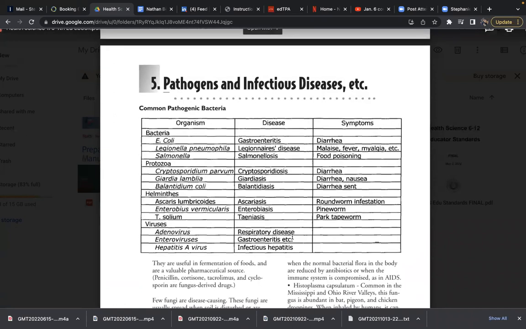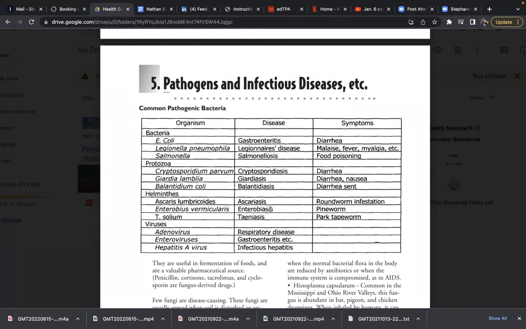You mean the disease? Not really. You would just have to know the organism and possibly the symptoms. But they might ask you something like gastroenteritis, because that's part of a disease of a system of the body, and so they could link that in some way.